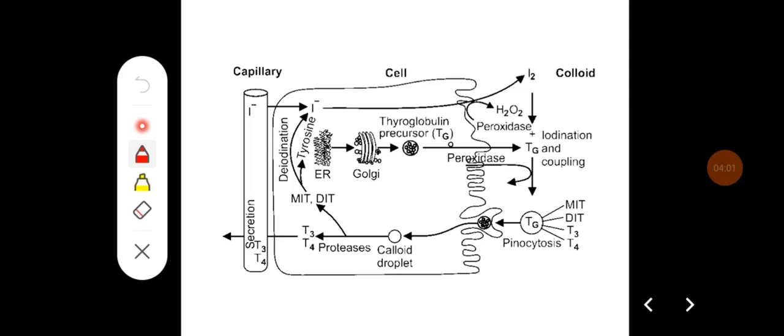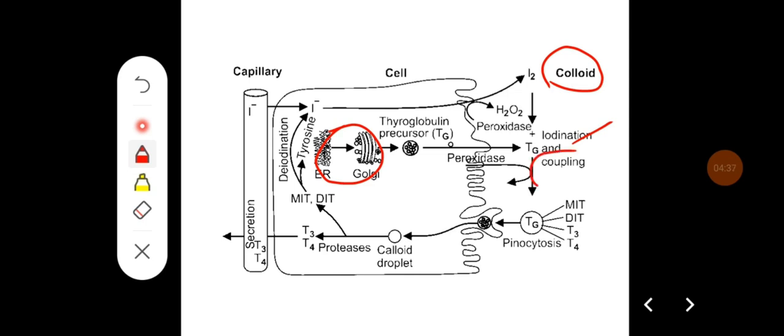The first process is formation of thyroglobulin from the endoplasmic reticulum and the Golgi apparatus. The thyroglobulin is then secreted into the colloid, and there the colloid matter is iodinated, and then it is going to form MIT and DIT.